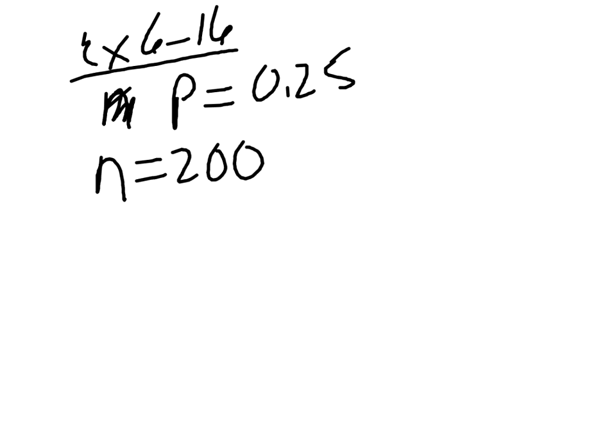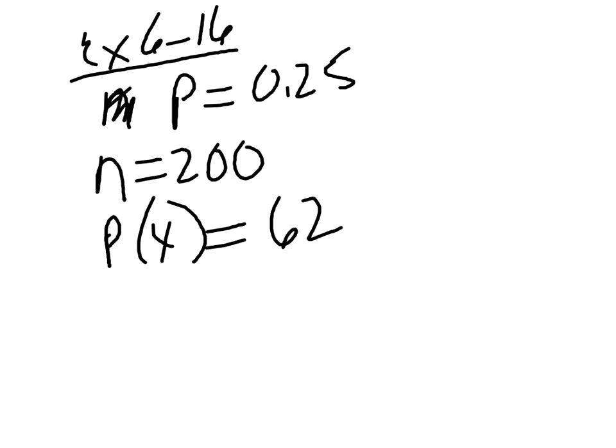So what we're looking for here is the probability of X, where X equals 62. Now remember, you either have fallen asleep or you're staying awake, and Q would be 0.75.